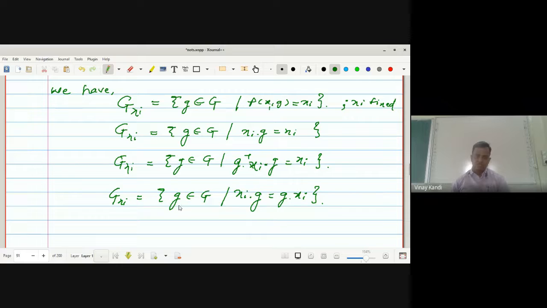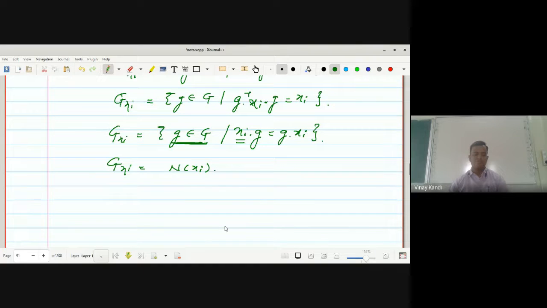That means we collected the elements of G which commute with Xi. What does that mean? It is the normalizer of Xi, by the definition of normalizer of an element. So hence the order of G Xi is equal to the order of N of Xi.